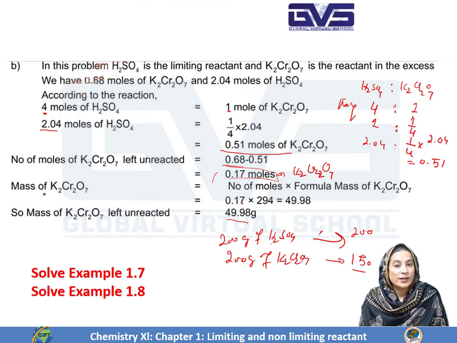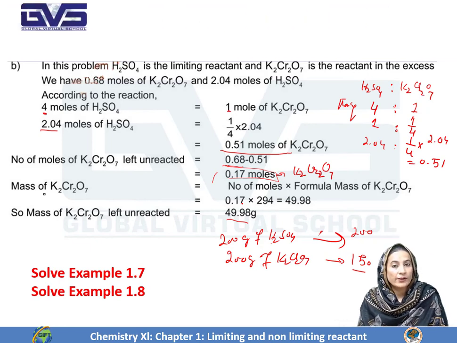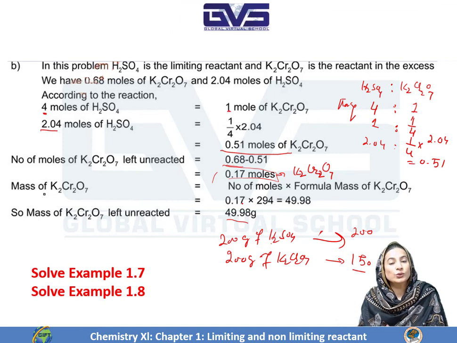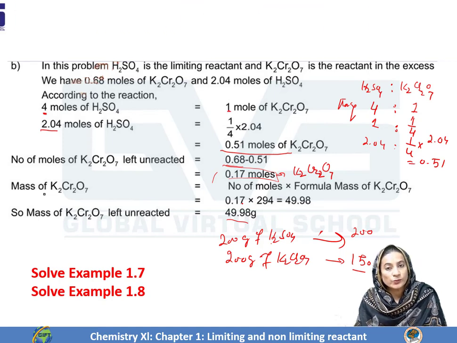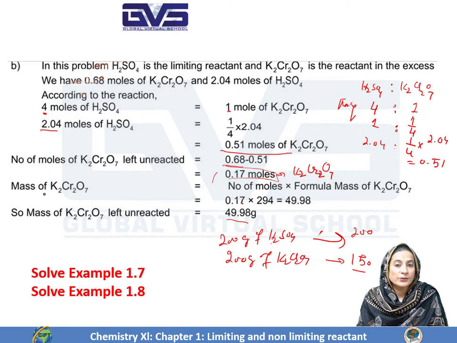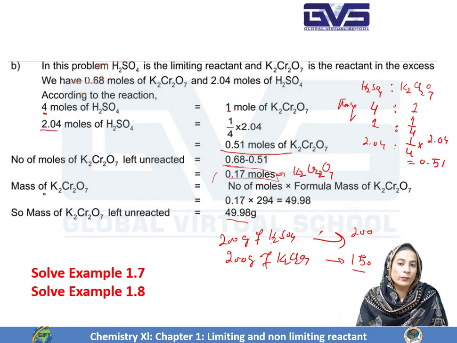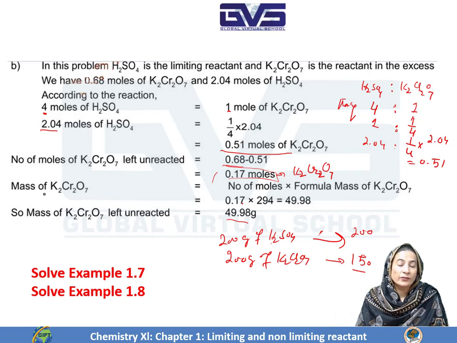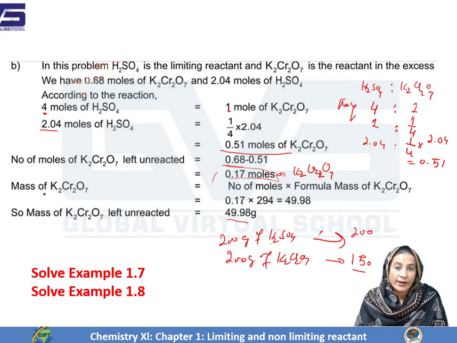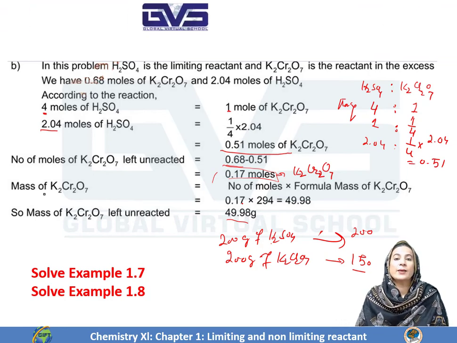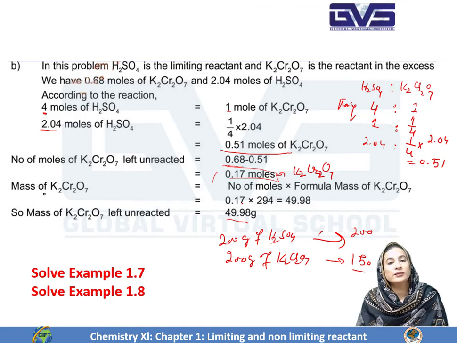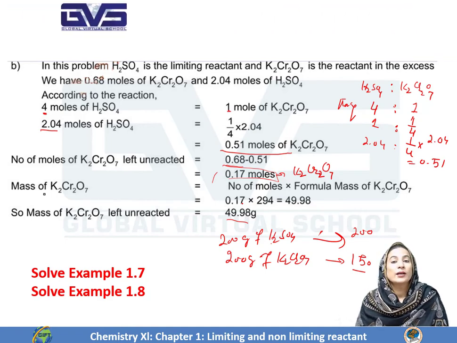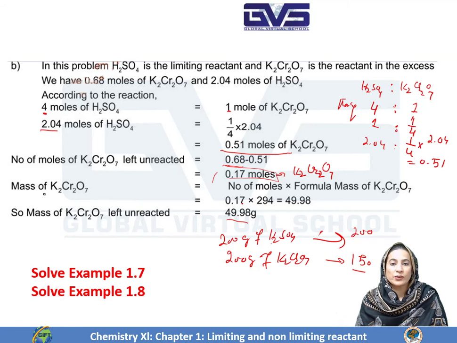So compare the limiting and non-limiting reactant and find the consumed. First find the consumed, then subtract it from the total moles, and the subtracted value is the unreacted moles left. Convert them back into mass. In this way you can find the unreacted excess amount.